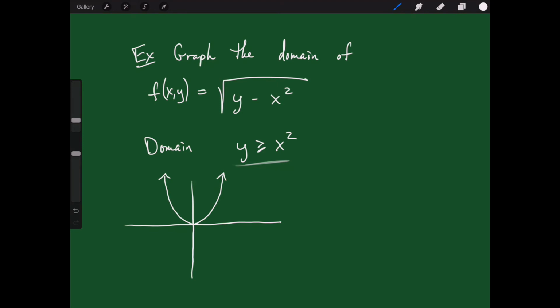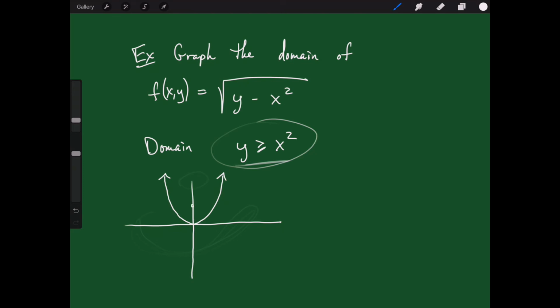Okay, now I've got two regions that I've broken this plane up into. The region kind of up in this area, and the region kind of out in this area, right? And I want to know which of those two regions am I talking about here. The way that you can easily find out is just plug in a point in one of those two regions and see, does it fulfill the condition of the domain or does it not?